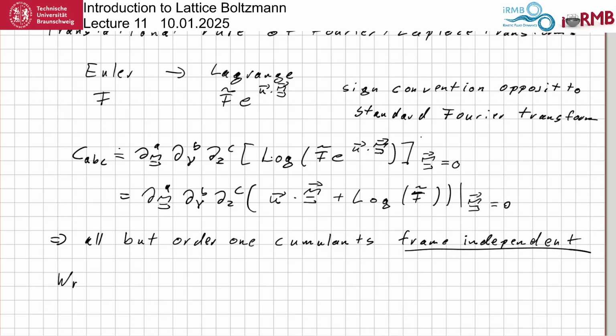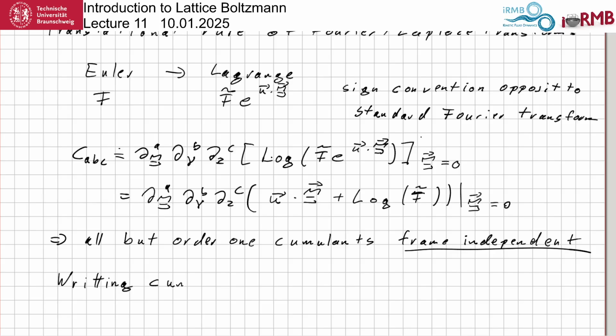So now, since the cumulants do not care in what frame of reference they are written, it turns out that it is more efficient to write cumulants in terms of central moments than in raw moments, as we will see in a minute.